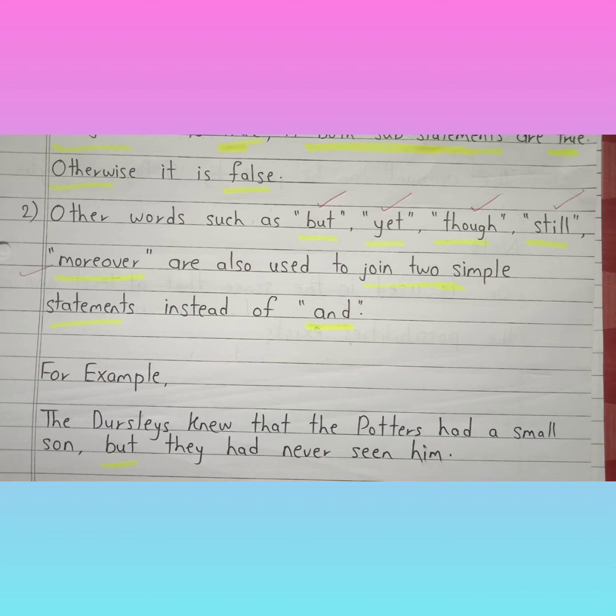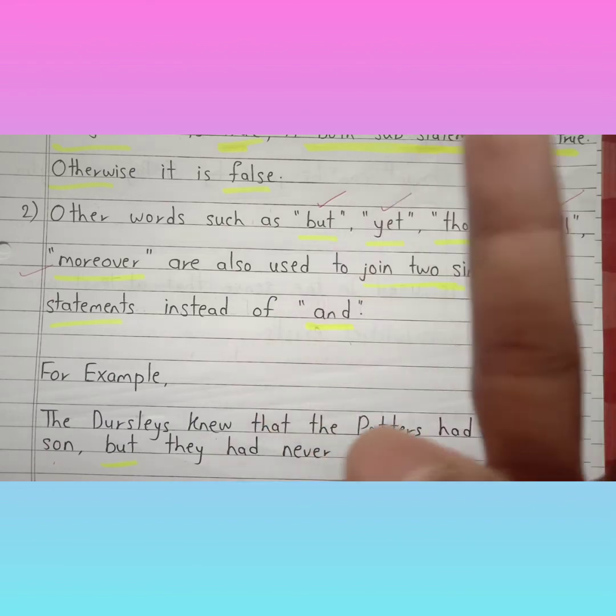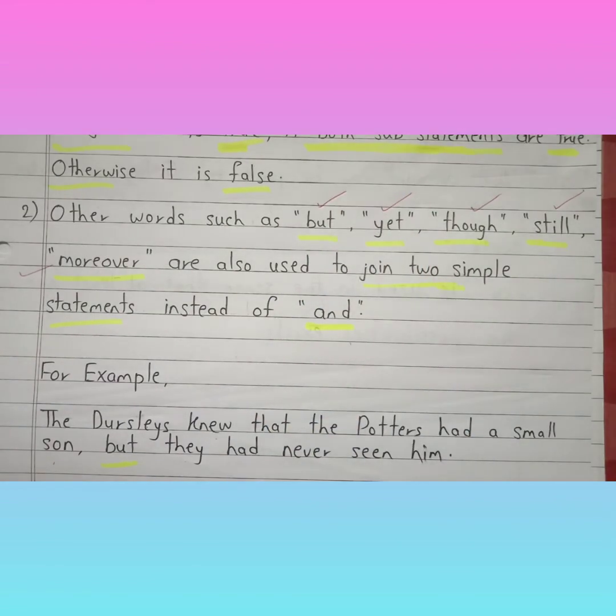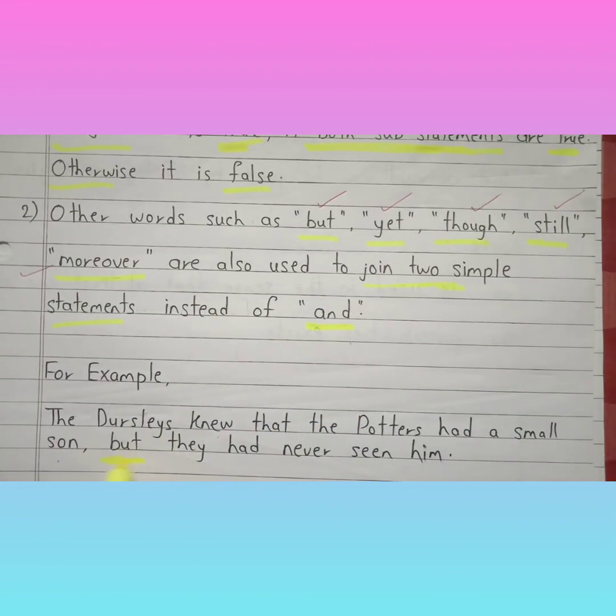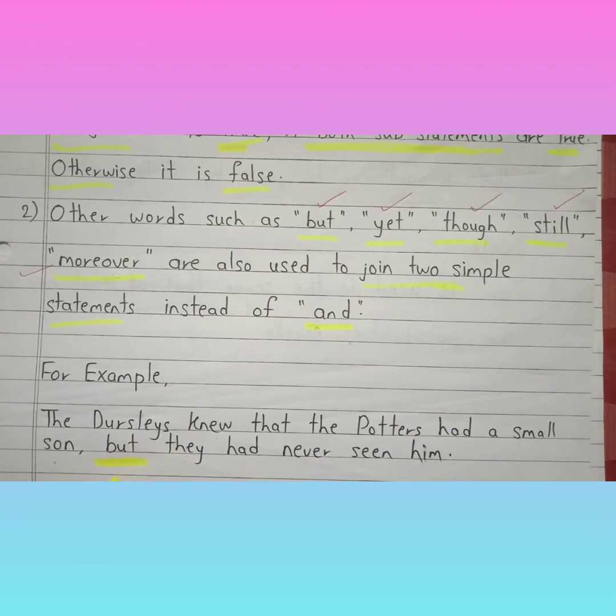What's important here is that there are again two statements. The Dursleys knew that the Potters had a small son. This is the first statement. They had never seen him. This is the second statement. And we joined these two statements with the word "but", or with the connective "but".